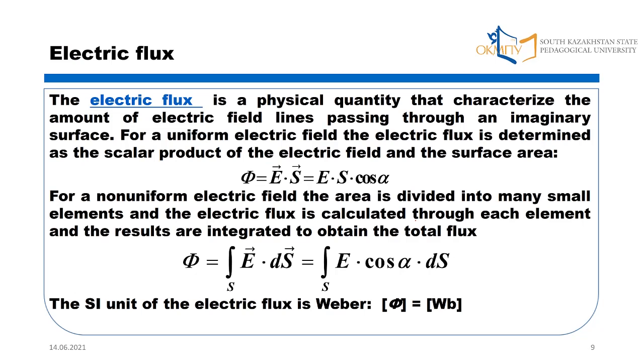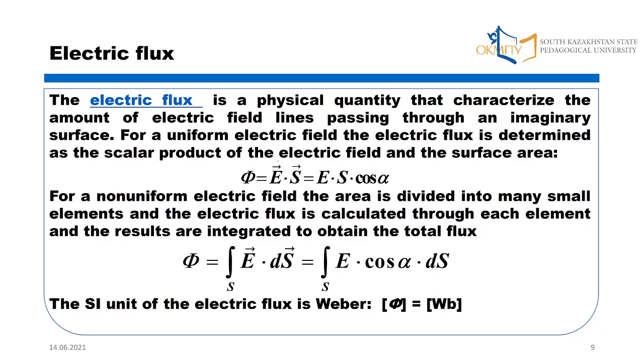The electric flux. The electric flux is a physical quantity that characterizes the amount of electric field lines passing through an imaginary surface. For a uniform electric field, the electric flux is determined as the scalar product of the electric field and the surface area.